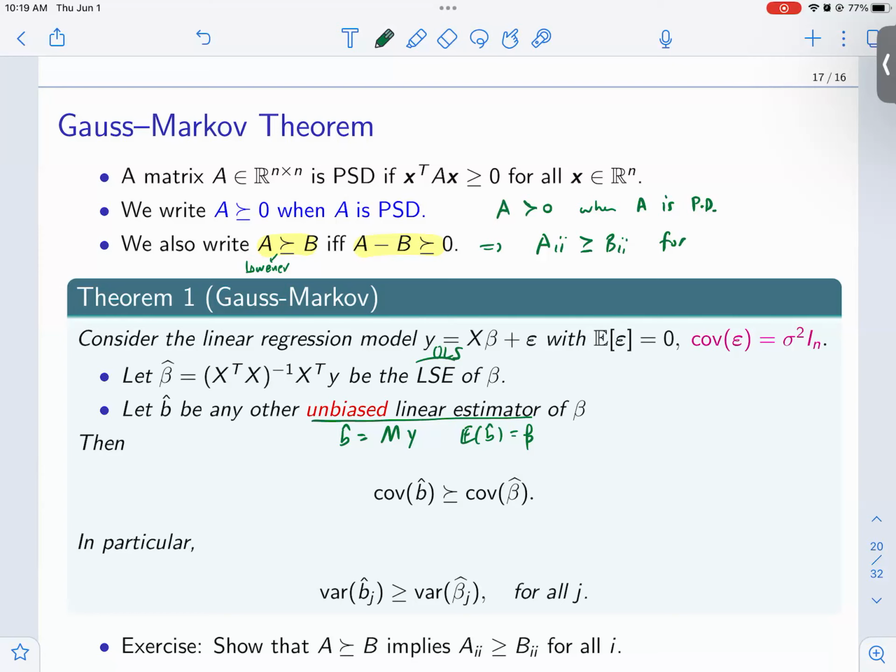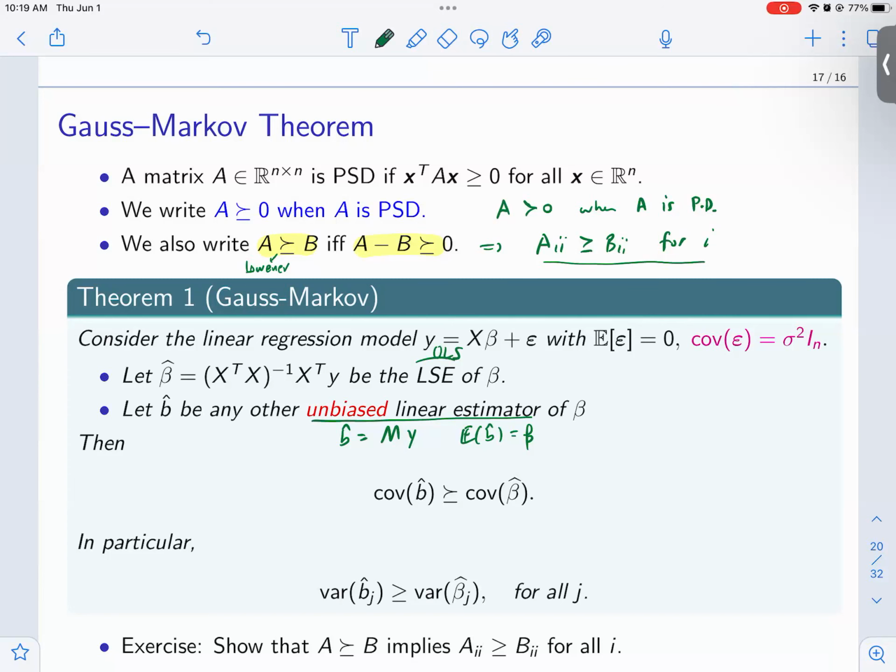That's a consequence of being positive semi-definite. So this gives you these inequalities for free, but it's much stronger. This is an implication, but not all that it implies.